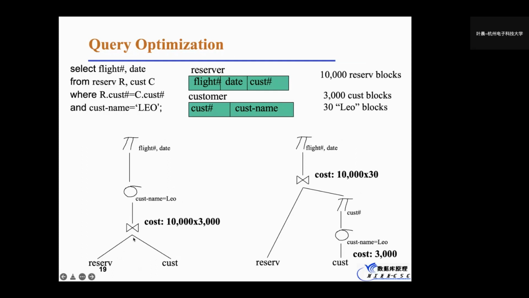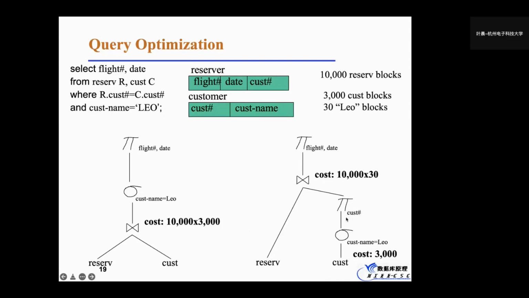And if you first select the class name, and after selecting the name just project to get the class number, and then you make a natural join with this other table, then the cost is like this.